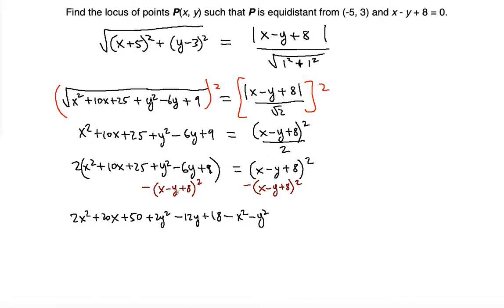If you square this, you will basically square the trinomial, and the negative is only appearing once. That's why there's a minus x squared minus y squared. So you're going to have one product of the x and x, one product of the negative y and negative y, one product of the 8 and 8. But there's also two products of x and minus y.